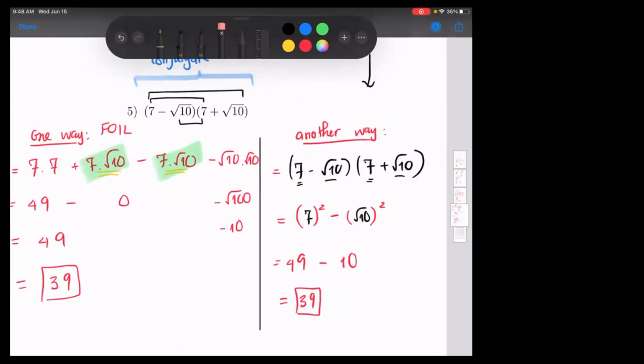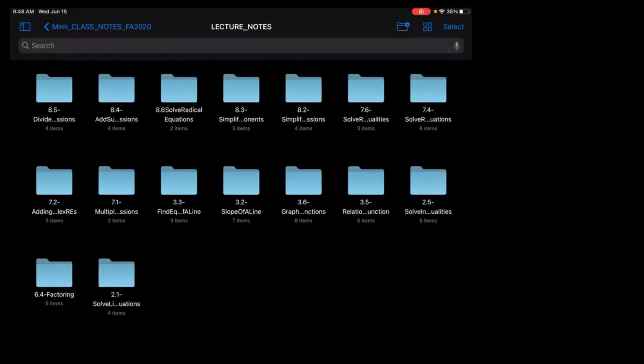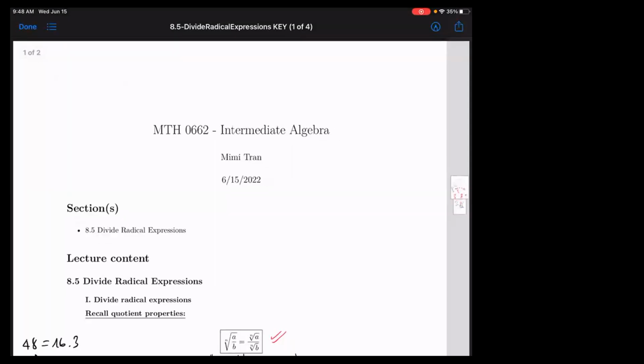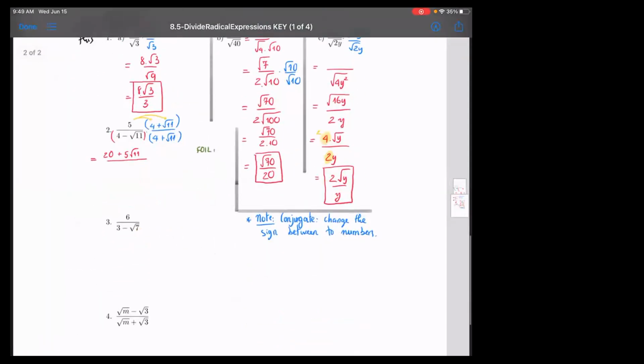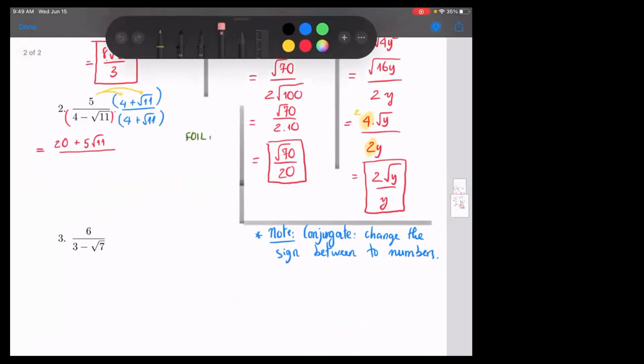So I'm going to do the second method. Let's just recap. Second method, forget about FOIL. I'm not going to FOIL. So what is my A? What's my B? What is my A?